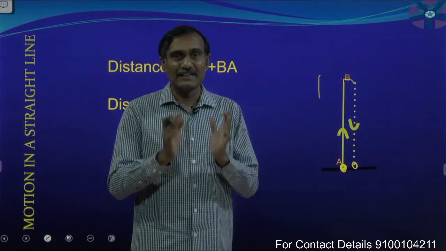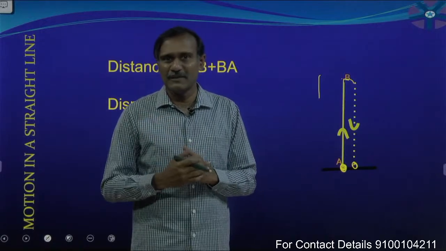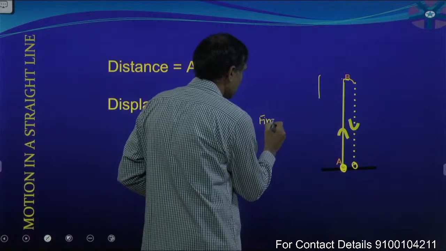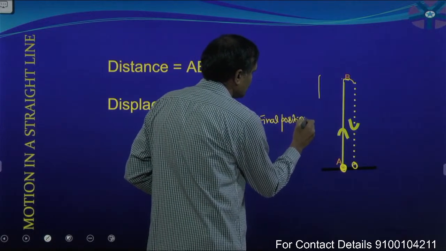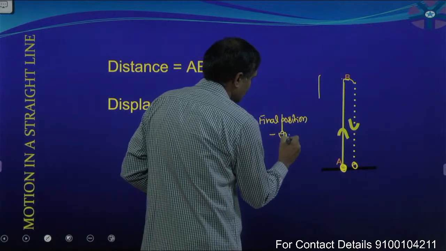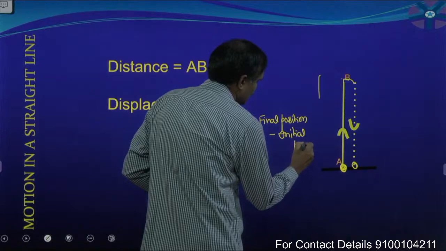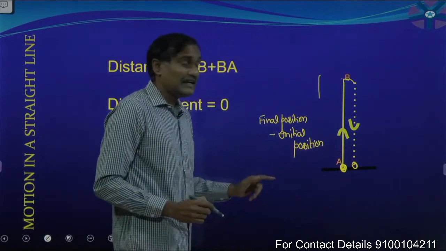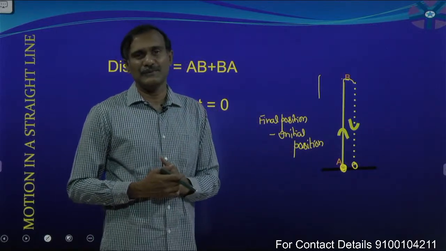So, displacement is equal to 0, because displacement means final position minus initial position. So, displacement is equal to 0, remember that.